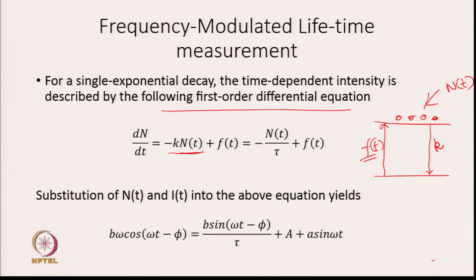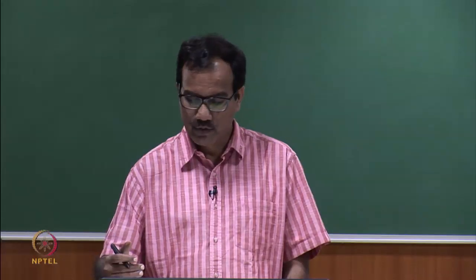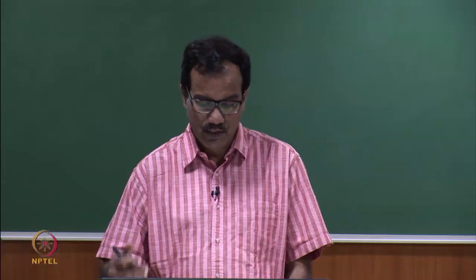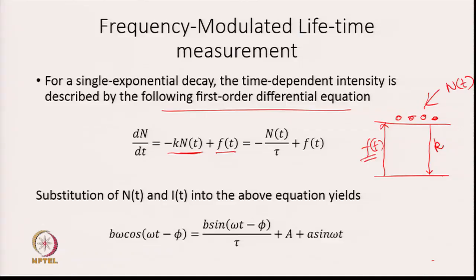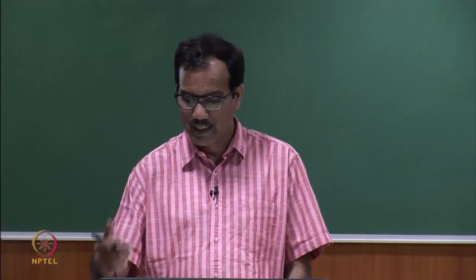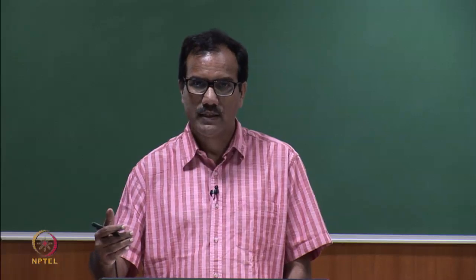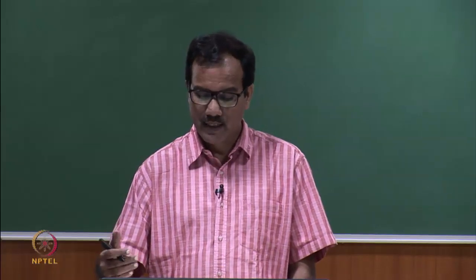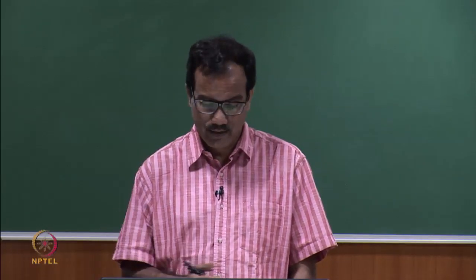So, this tells you about a decrease in fluorescence with time due to emission, and this tells you about an increase in the number of fluorophores in the excited state with time due to excitation.